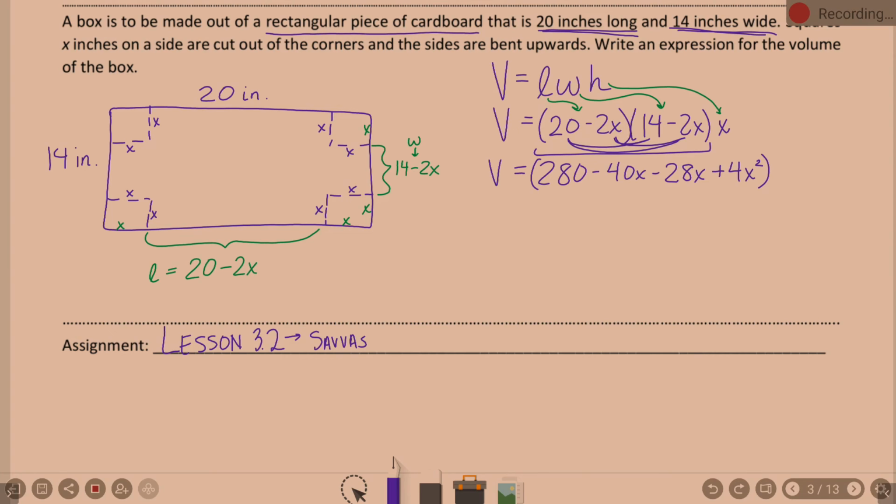I'm going to put that all in parentheses because when I get done, I need to multiply it all by the height of x. I would do a little bit of cleanup. 280 stays 280. Minus 40x minus 28x is minus 68x, plus 4x squared, times x.